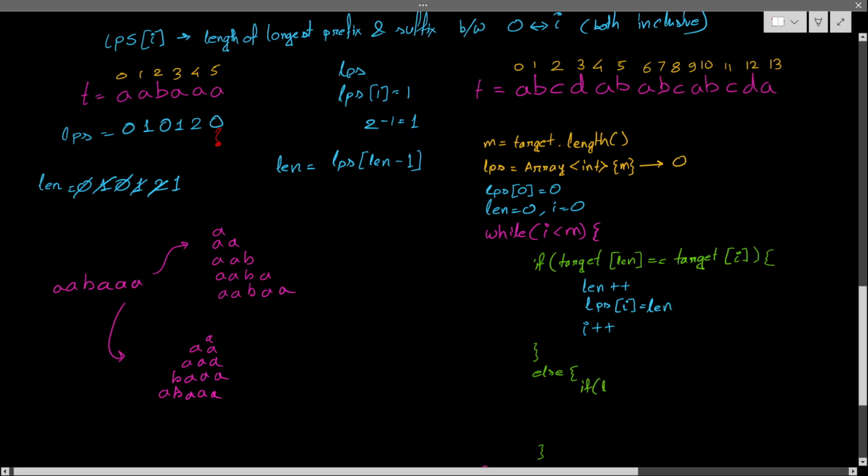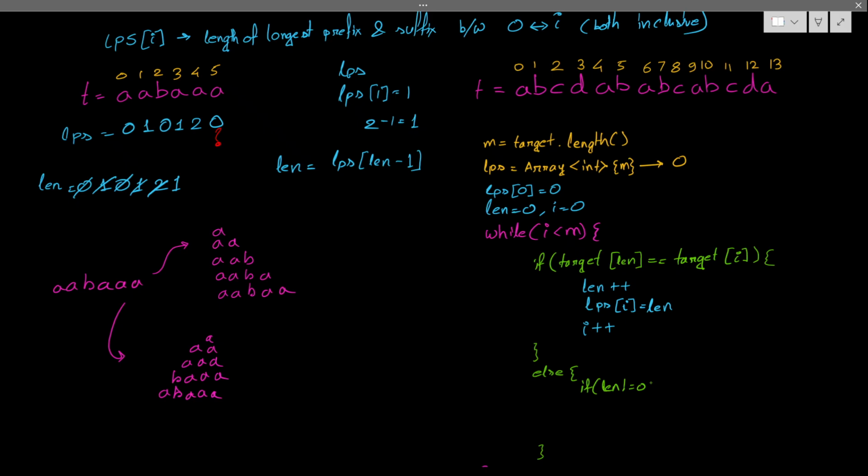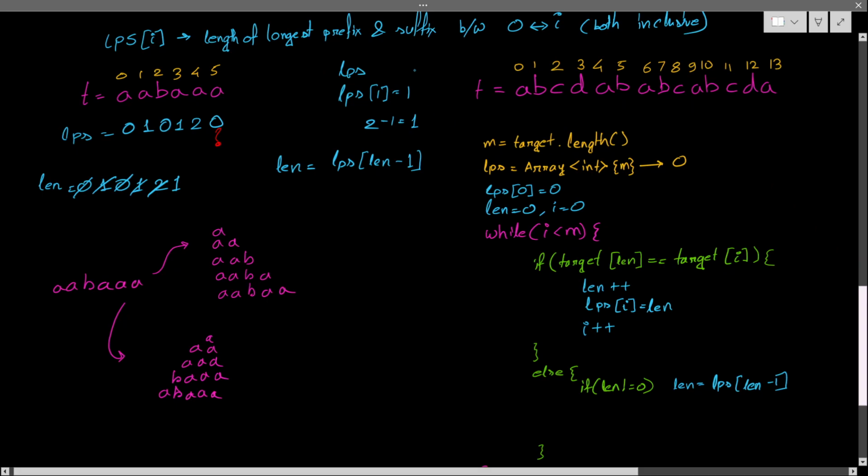If length is not equals to 0, at that time my length will be updated by length equals to LPS of length minus 1. That's all.